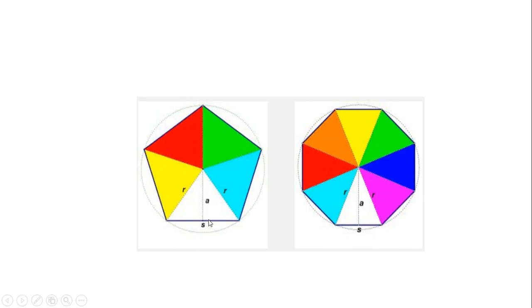Now, the task at hand is for us to find where the center of that circle is. And here is the 1, 2, 3, 4, 5, 6, 7, 8. This is the octagon.